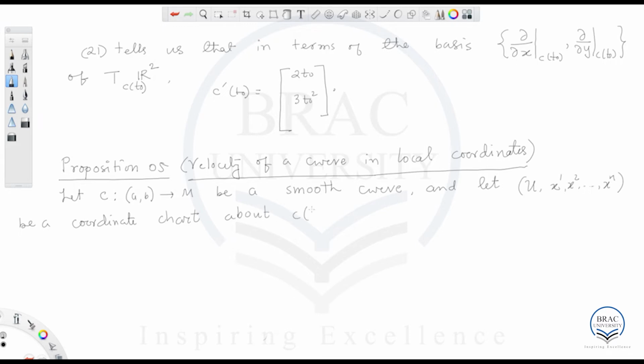Okay, so C of t is a curve in the manifold M, something like this.